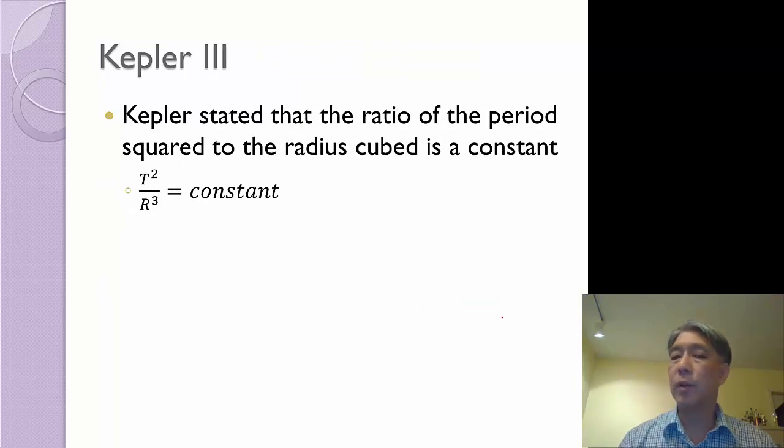And Kepler-3, I don't really need you to remember that T squared over r cubed is going to equal 4 pi squared over GM. All I need you to remember is that it is some constant, based on the mass of the central object and the universal gravitational constant. Otherwise it's just T squared over r cubed.